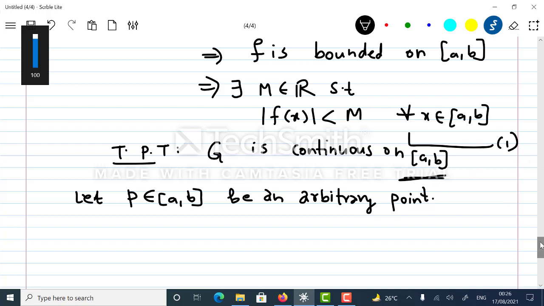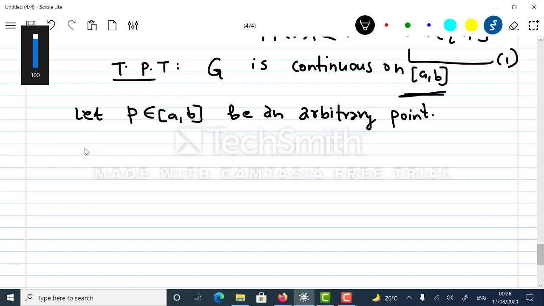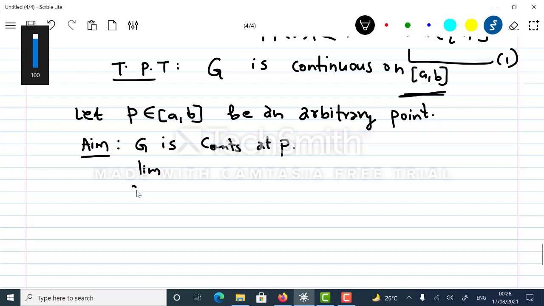So our aim is to prove that g is continuous at p. Right. So what I need to prove is that limit as x approaches p, g of x is equal to g of p. This is what I wanted to show.